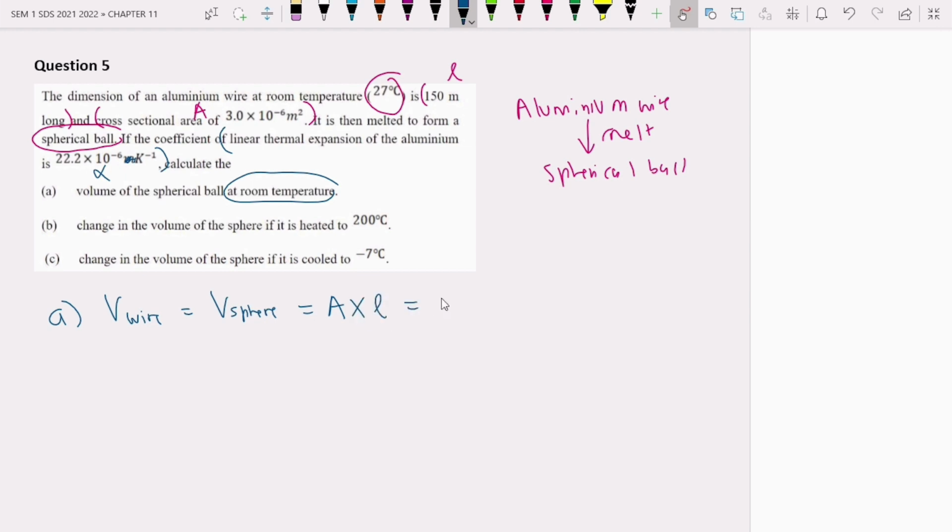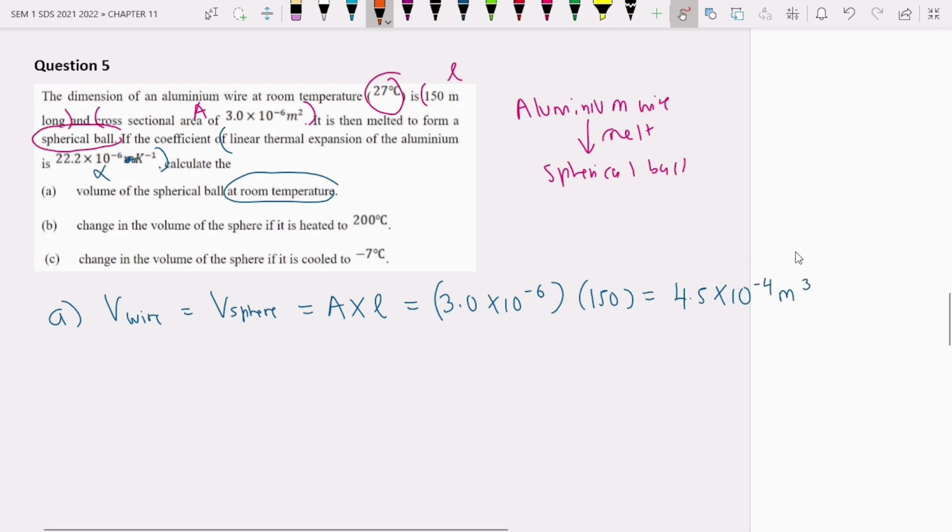The area given is 3 times 10 to the power of negative 6 meter squared, and the length given is 150 meter. When you press the calculator, you will get 4.5 times 10 to the power of negative 4 meter cube. So this is your initial volume.